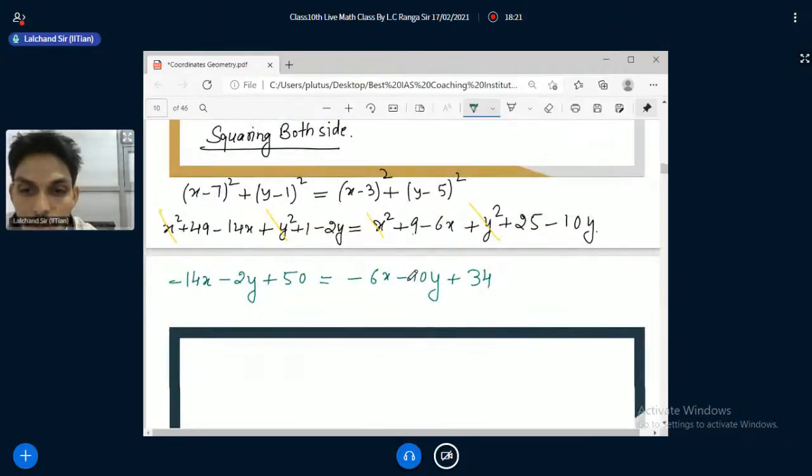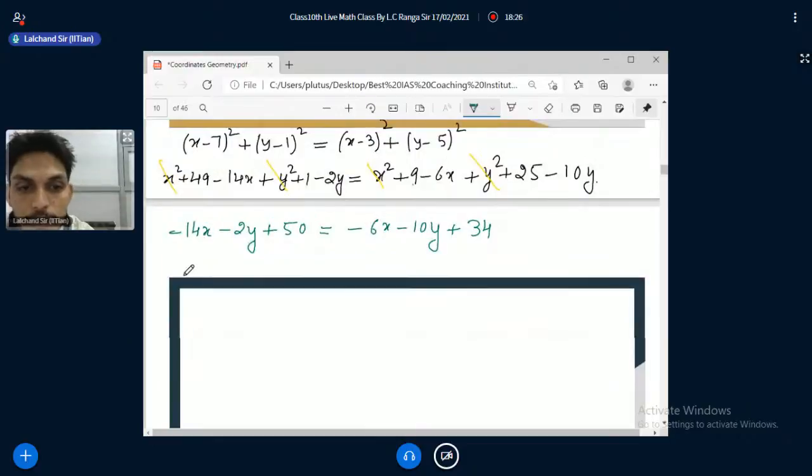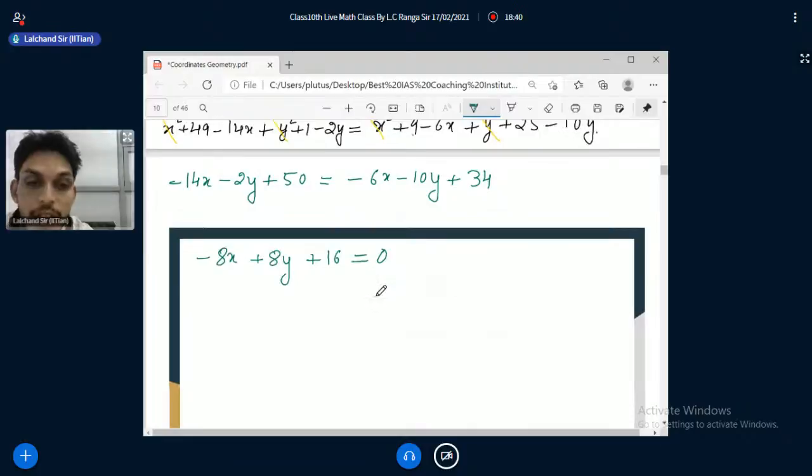Now if we take all terms one side, then we have minus 14 and minus 6, that is minus 8x. If we take this side, this will be plus 8y, and this will be plus 16 equal to 0.